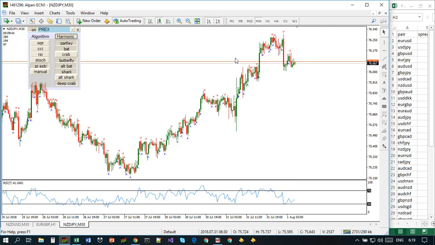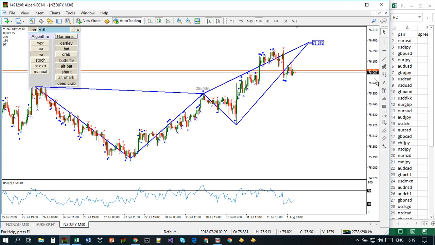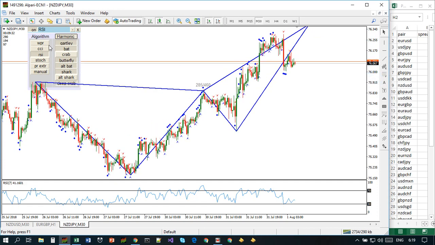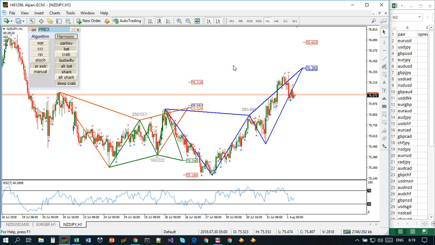Okay, let's go to 30 minutes. The same pattern on 30 minutes. So it is 4 or 5. 3 of them are 1 hour, and 4 is on 30 minutes. It is pretty far from completion.